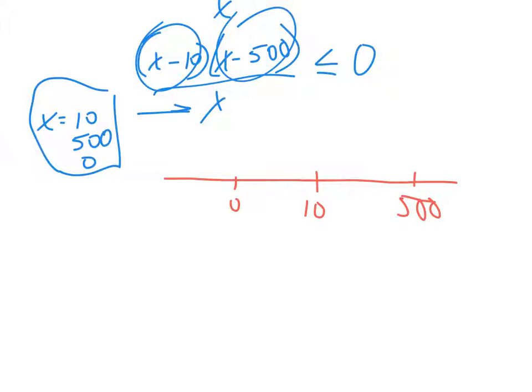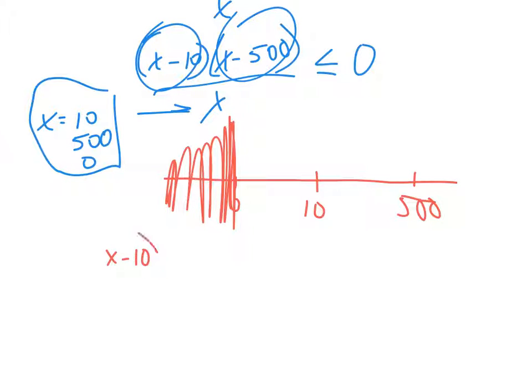So it breaks that up into four areas, but anything negative we don't care about. So really we only have 3 areas here. So let's take our x minus 10 and our x minus 500 over x, and let's plug a number between 0 and 10 in here.